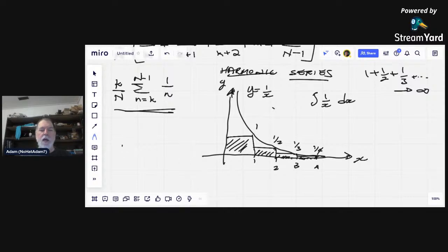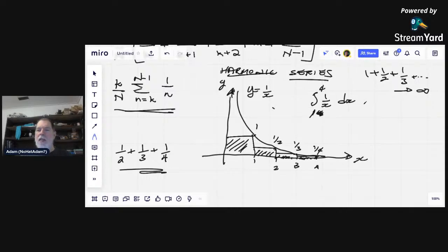So we want to estimate 1/2 plus 1/3 plus 1/4. What we can do is work out this integral between 4 and 1. That will give us the area under the curve, which is going to be a little bit more. It's going to be a little bit of overshoot.